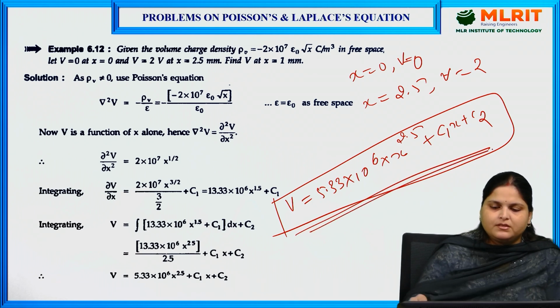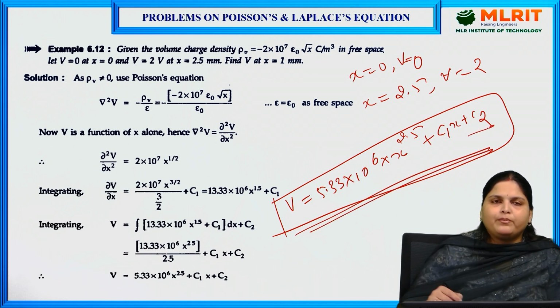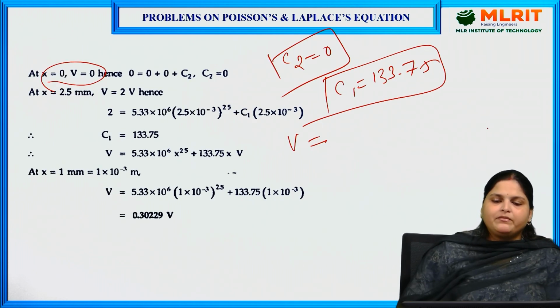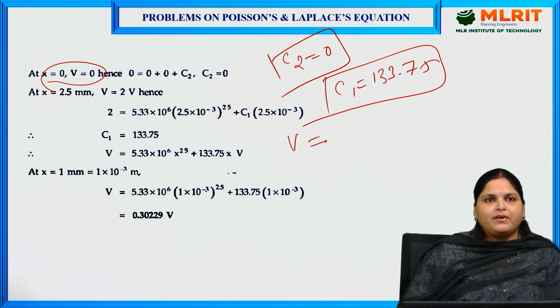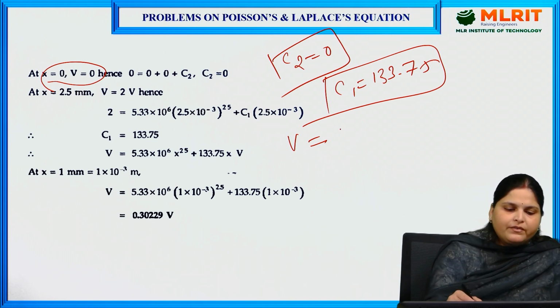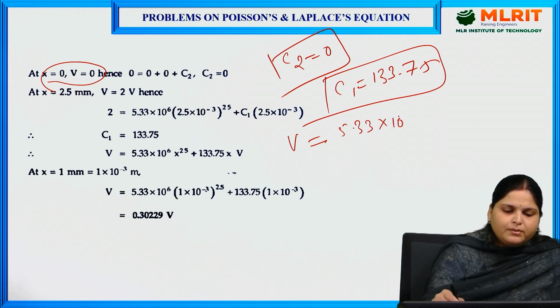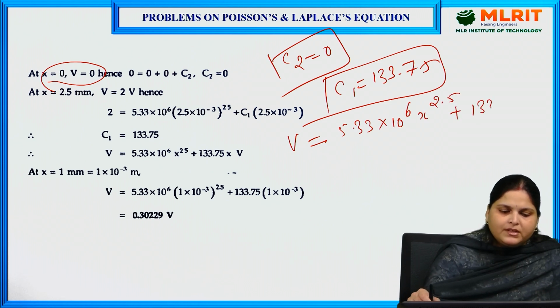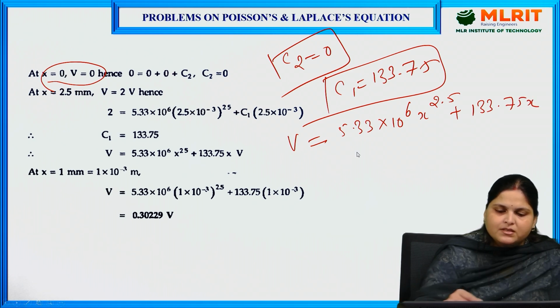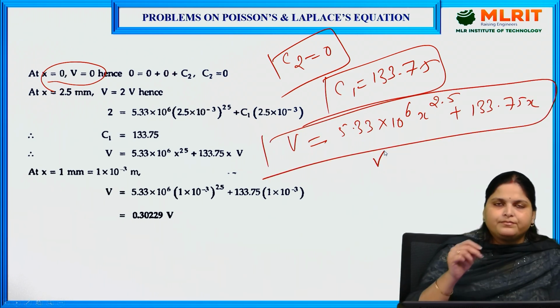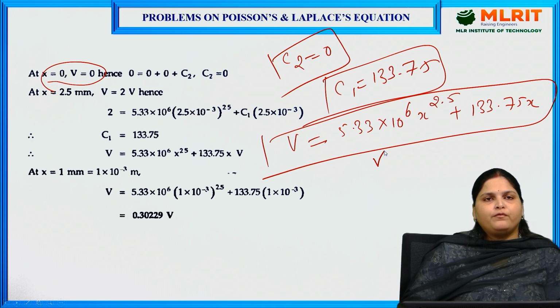Now this C1 and C2 value we need to put in this voltage equation, and this voltage equation is this, right? So C2 we put as 0, and C1 we put as 133.75, and we get this equation as 5.33 into 10 to the power 6 x to the power 2.5 plus 133.75 x volts. This is the equation of voltage.